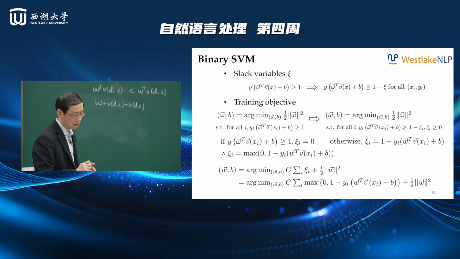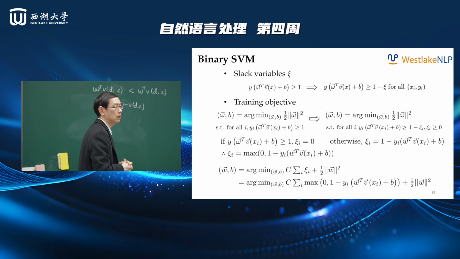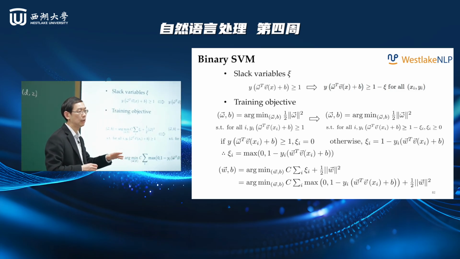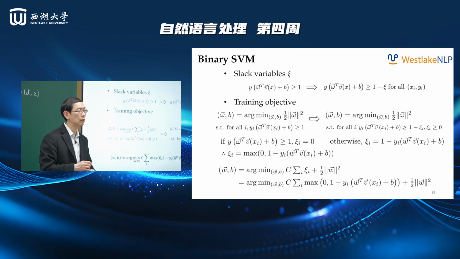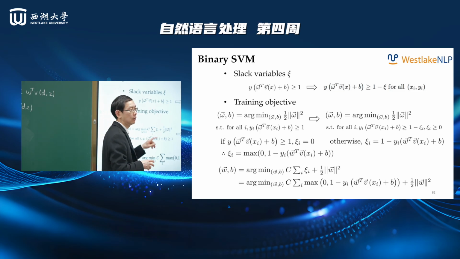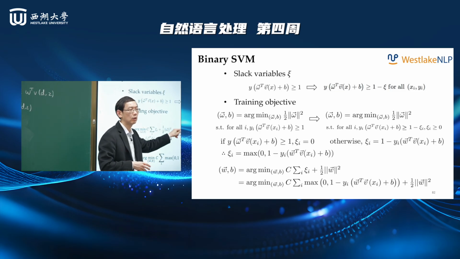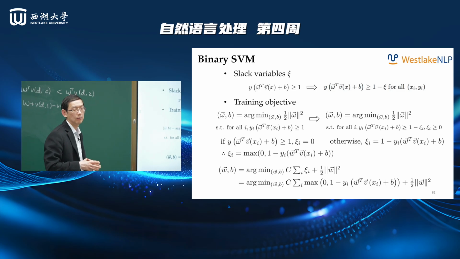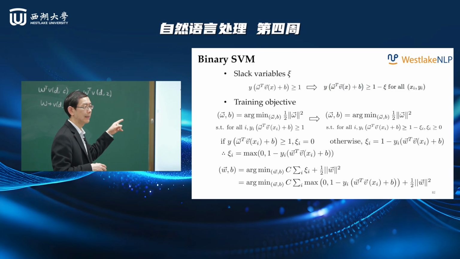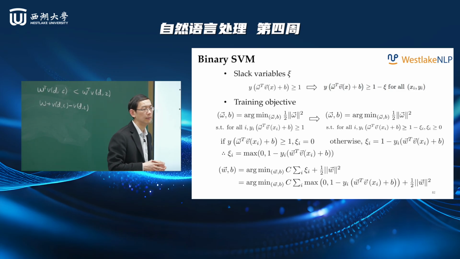Originally, let's say in the binary case, I require all positive examples to be at least 1 above the hyperplane, all negative examples to be at least -1 below the hyperplane. So if y is +1 or -1, I say y dot the score must be greater or equal to 1, right? But if you cannot separate your training samples, this constraint cannot be satisfied.